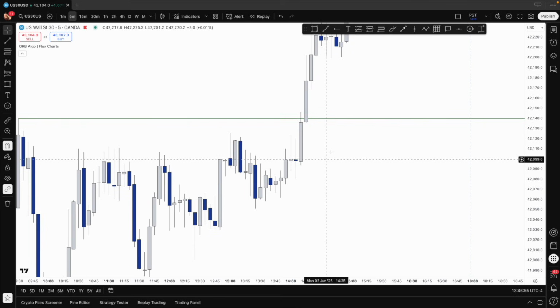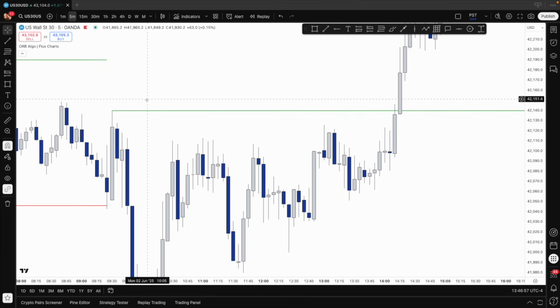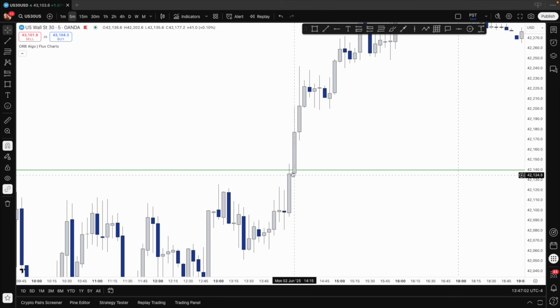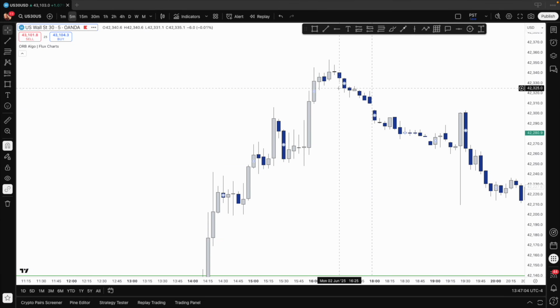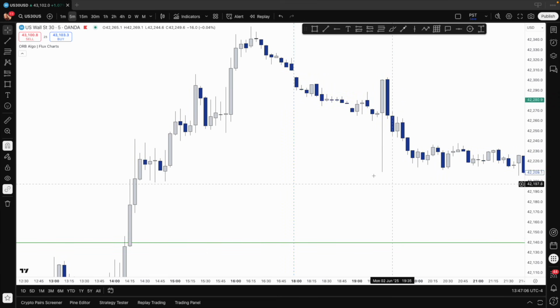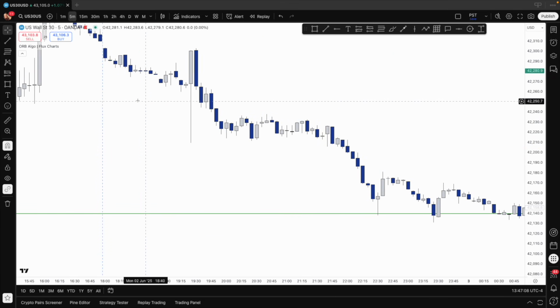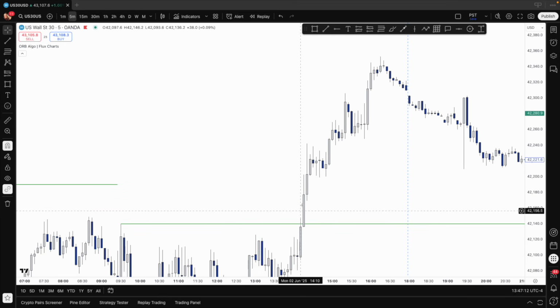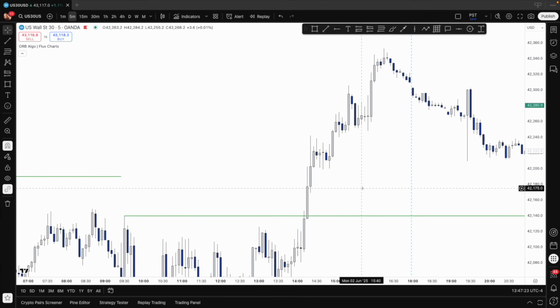So basically it will look something like this, where we have our orb and then price literally just continues before actually coming back the same day. Yes, later on it does come back, but where we get a continuation right over here. So sometimes this is going to happen, then you're not going to get a trade, and then also sometimes there's just not going to be an inverse fair value gap for you to enter your trade.